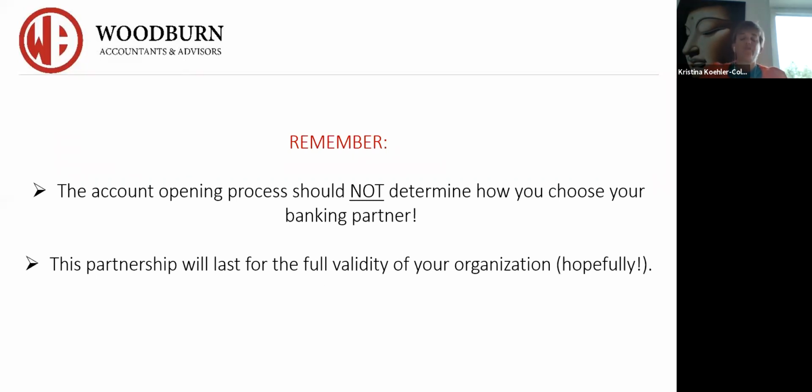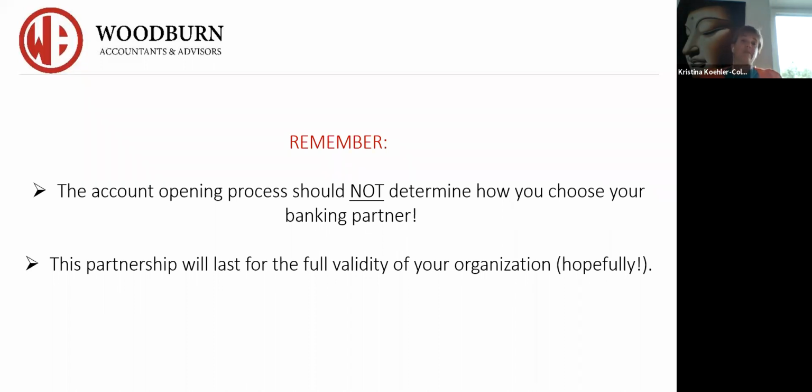And I just want people to remember, as we now reflect on the operational side, that the account opening process is just a determinate time frame to open the account. You should not be choosing the banking partners based on what that process is, okay? Whether it's faster or slower than other people.